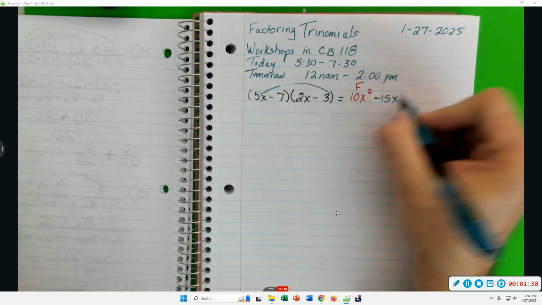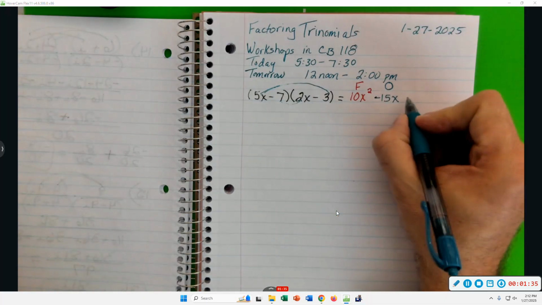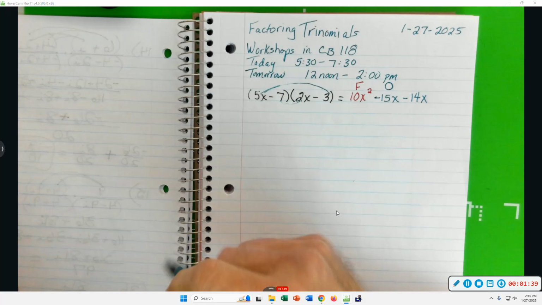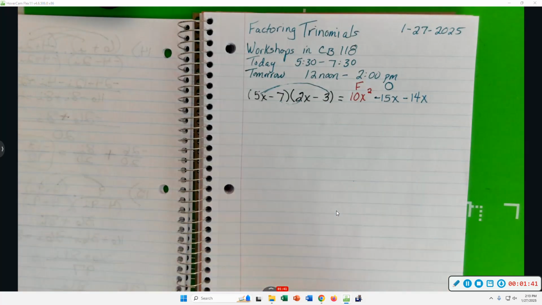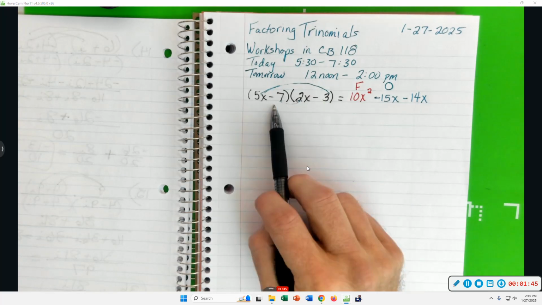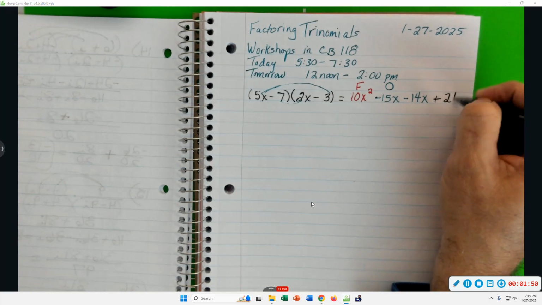That's outer. Now inner: minus 14x. And then last: negative times negative, positive 21.